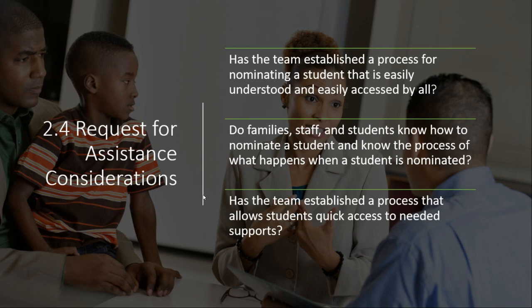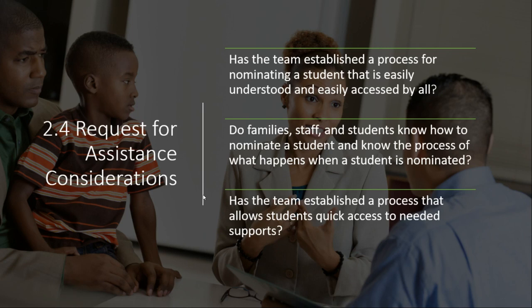They need to understand those tier 2 interventions and what those interventions would be, as well as their role. So everyone needs to understand that, and they need to understand that process for how the team identifies students and how a teacher or a family or a parent can identify or nominate a student for those services.